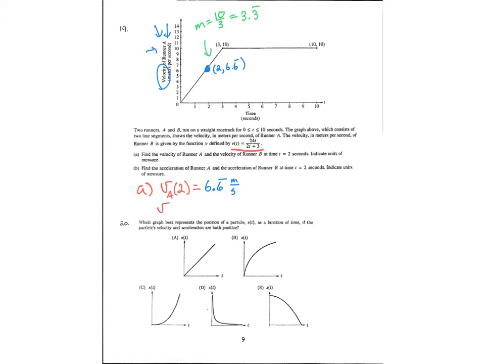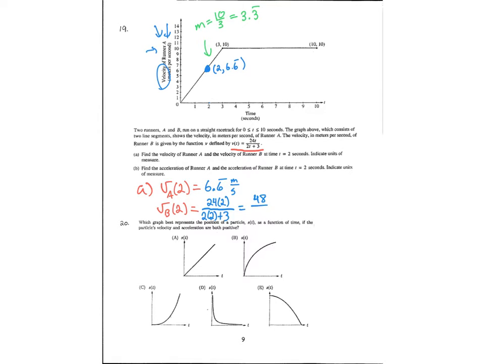And then the velocity of runner B is found by using this equation that we're given. We're given 24t over 2t plus 3 and told that that is the velocity of runner B. So we can just plug time 2 in for t. 24 times 2 is 48.